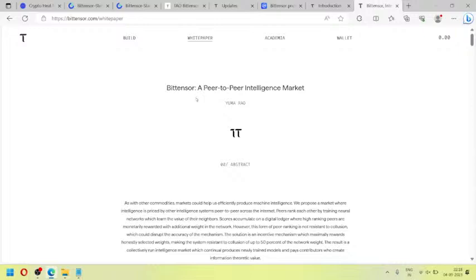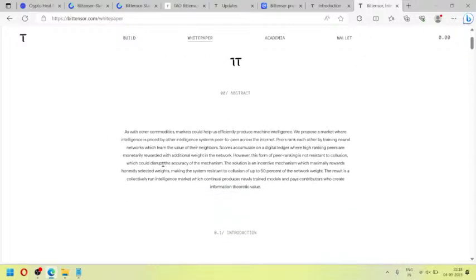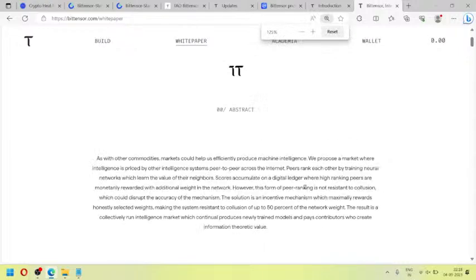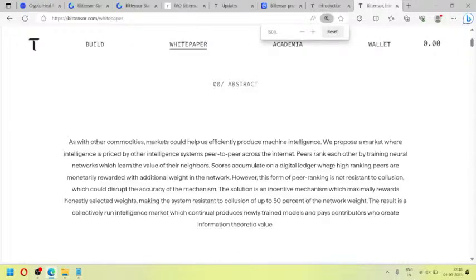Bittensor, a peer-to-peer intelligence market. As with other commodities, markets could help us effectively produce machine intelligence. We propose a market where intelligence is priced by other intelligence systems peer-to-peer across the internet.